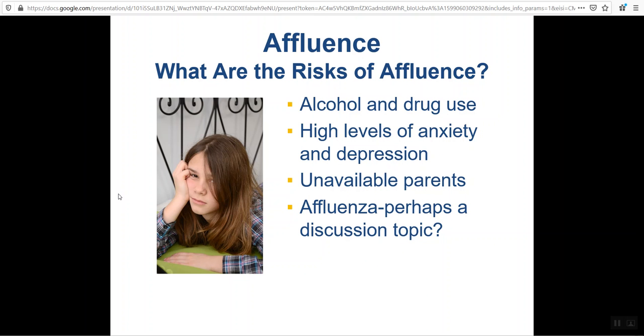This is a new term, this idea of affluence. This was a term that was brought into awareness during a trial for a young man who was accused of multiple DWIs. I believe he had killed an individual while he was driving while intoxicated.